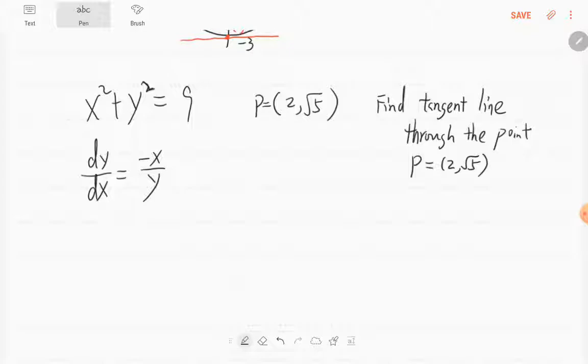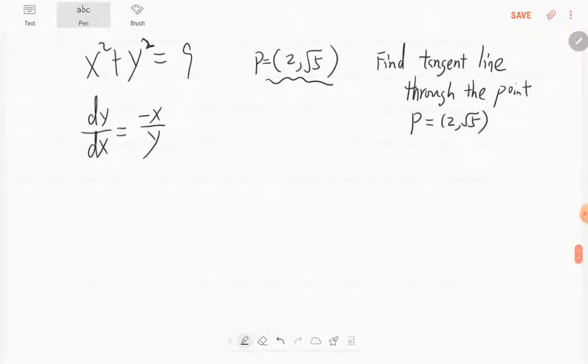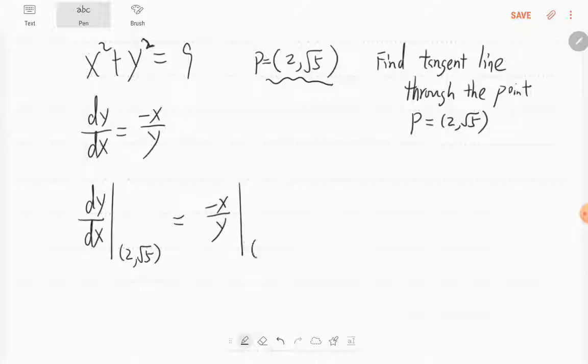So what is the slope of the tangent line at the point (2, square root of 5)? That means x equals 2, y equals square root of 5. So we can evaluate this slope at the point (2, square root of 5).